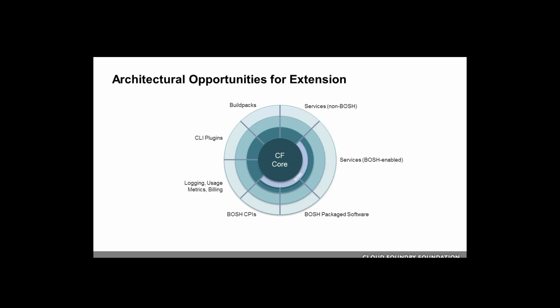And I mentioned the architectural extensions. The way that we look at this, and this is certainly not comprehensive, but there are many extension points. I'll start with build packs. Build packs are the magic that takes the code itself and transitions that into a containerized application.